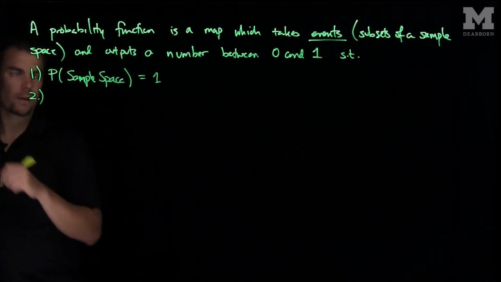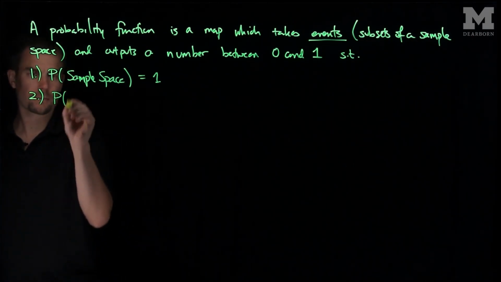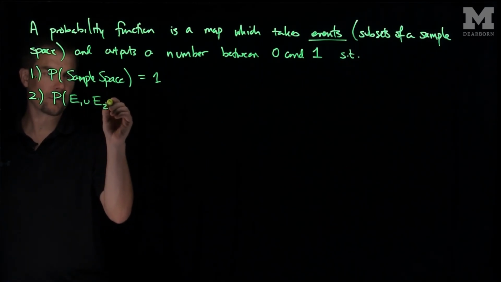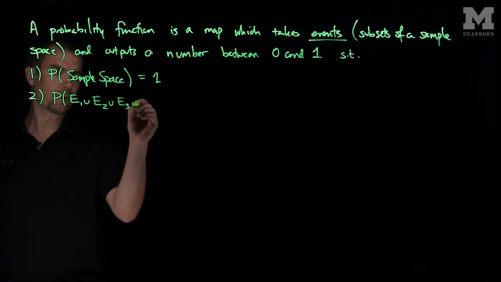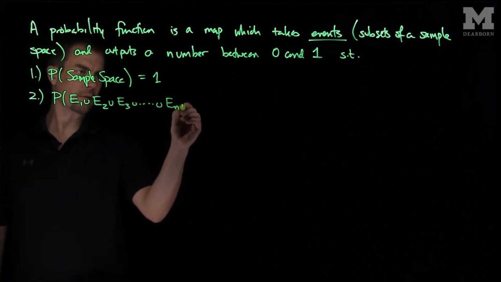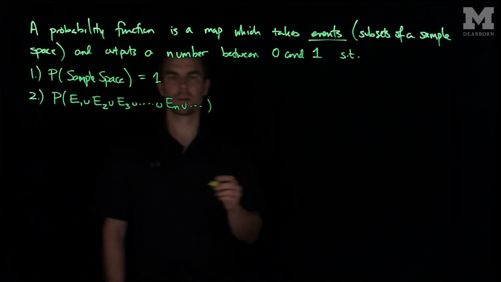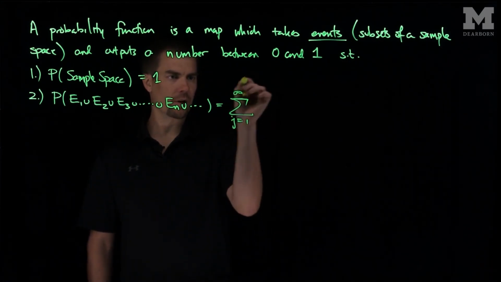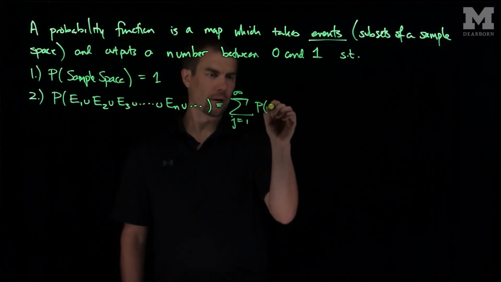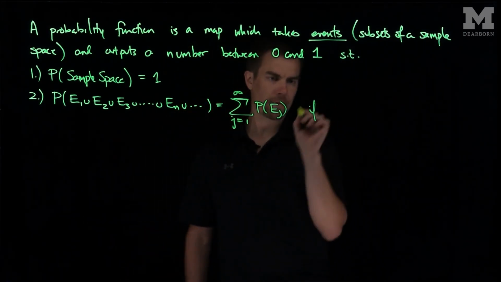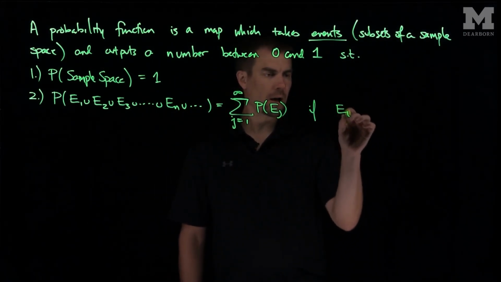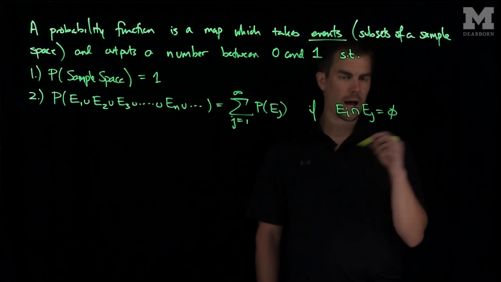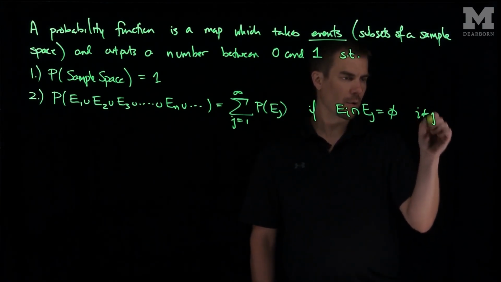The second condition is that if I look at the probability of a union of events, E1 union E2 union E3 union En, going off potentially forever, this will be the sum, j goes from 1 to infinity, of the probability of Ej if, and this is an important if, Ei intersect Ej is the empty set for all i not equal to j.